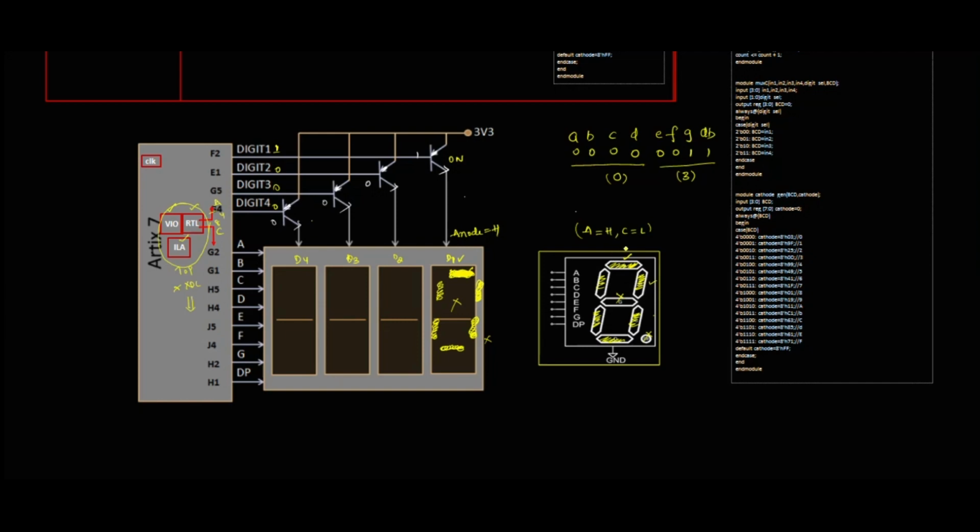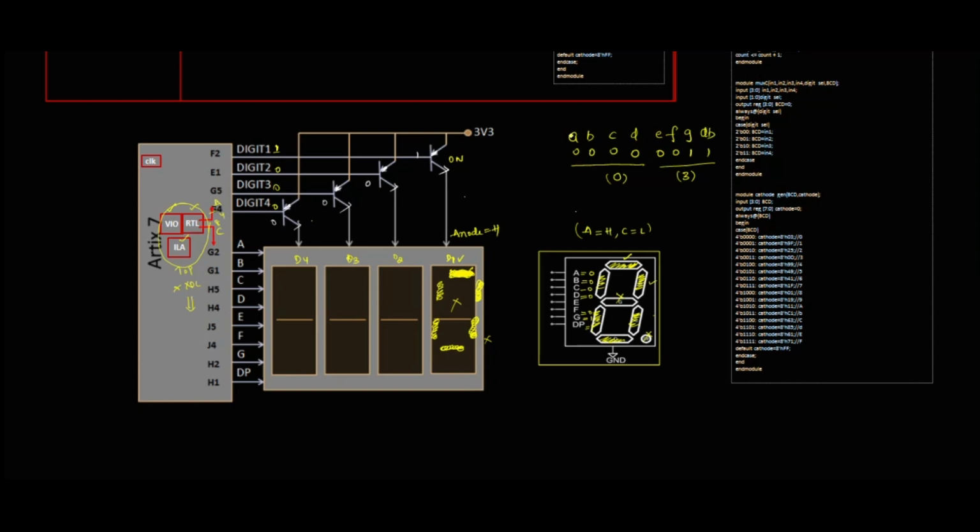So what I have to do is turn on the corresponding locations: A should be 0, B should be 0, C should be 0, D should be 0, and up to here everyone should be 0 except G and DP. Means A to F all need to be 0, all cathode patterns need to be 0 except G and DP. This is the pattern that it has to generate. The RTL block needs to generate this kind of pattern for displaying a logic 0 at the first location.